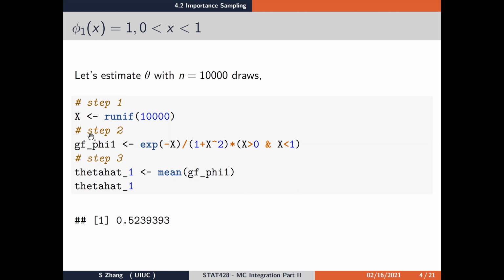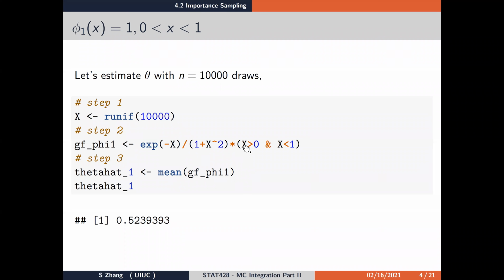In step 2, we want to apply the transformation, which is g of x times f of x divided by phi 1 of x. And that, in this case, is given by the exponent of negative x divided by 1 plus x squared times the indicator function, testing whether x is between 0 and 1.